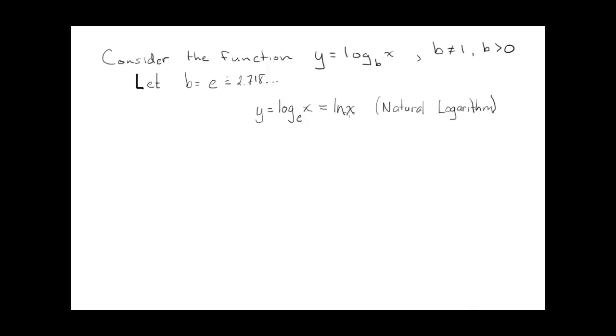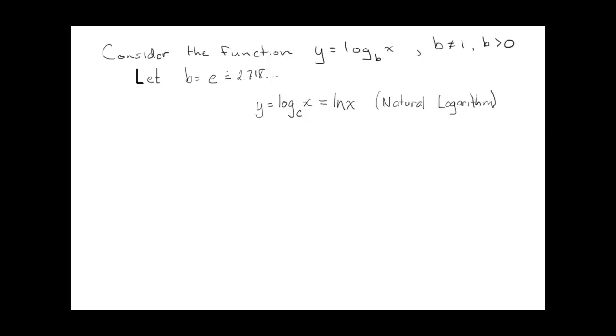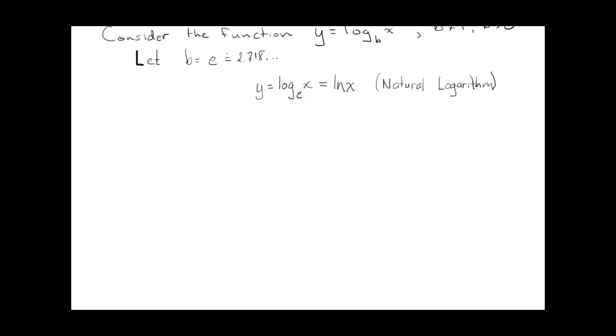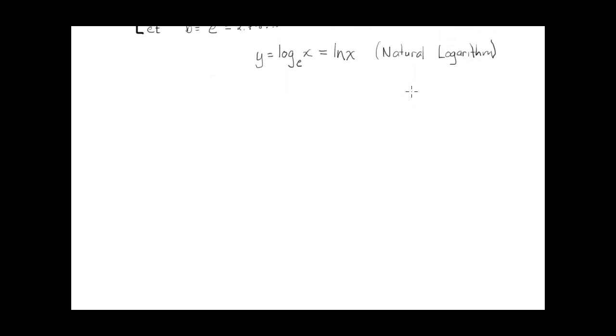Officially this should be read as the natural logarithm of x, but people will often abbreviate it as ln x, which is kind of like reading cosine as "cos." That's not what it means. You'll never read it in a textbook that way, but sometimes just for shorthand, or just to say it quicker, you'll read it as ln x, but officially the name is the natural logarithm of x.